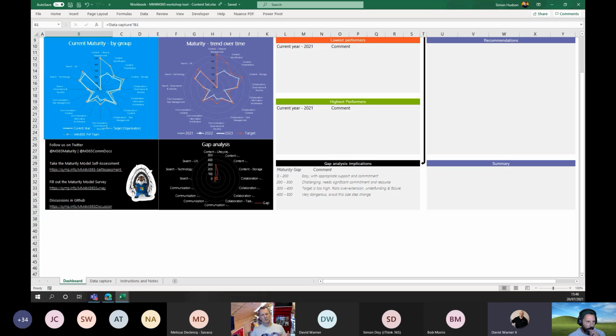But what I typically do is run it on a department or business division basis, and I'll run it with a management group, and I'll run it with a representation of the shop floor or the ordinary knowledge worker and hands-on workers. So maybe 2 or 3 workshops to get a representative view of the organisation. So I'll do that, and that's the high-level helicopter view.